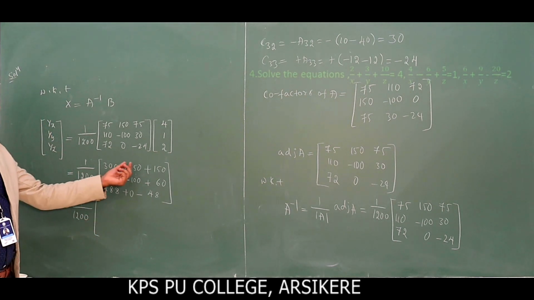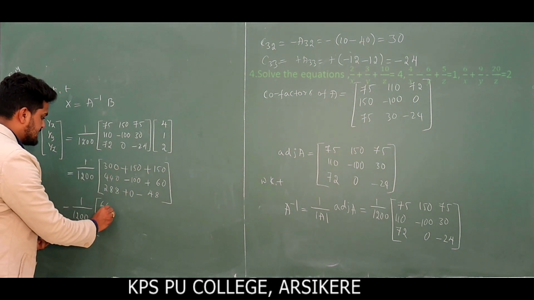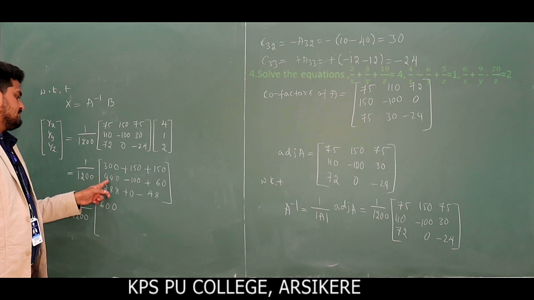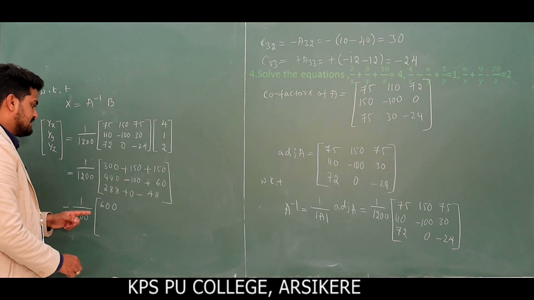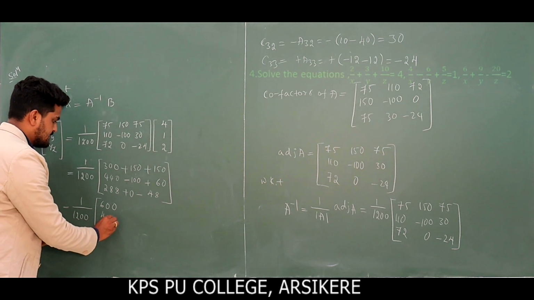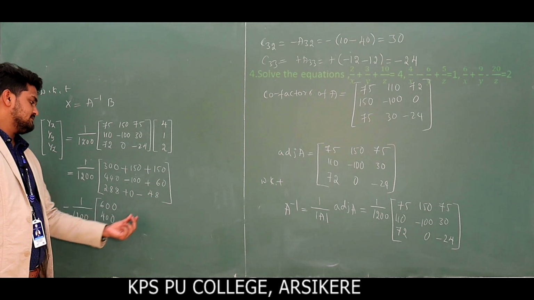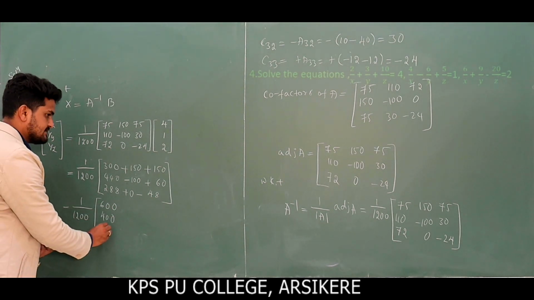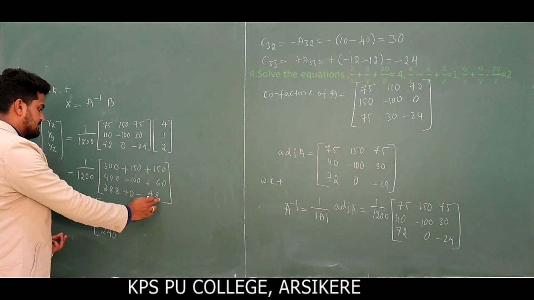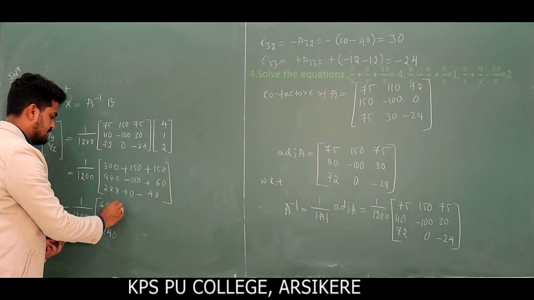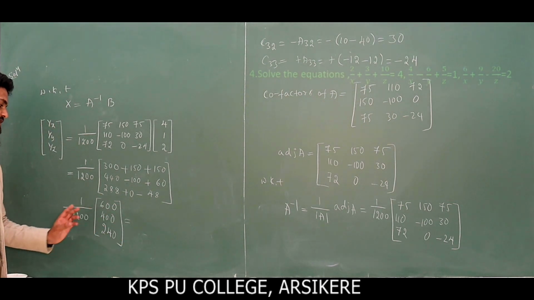So which is equal to 1 divided by 1200. How much is it? 150 plus 150 is 300, 300 plus 300 is 600. Next 440 plus 60 is 500, minus 100 is 400. Next 288 minus 48, how much? It is 240. Now divide completely by 1200.